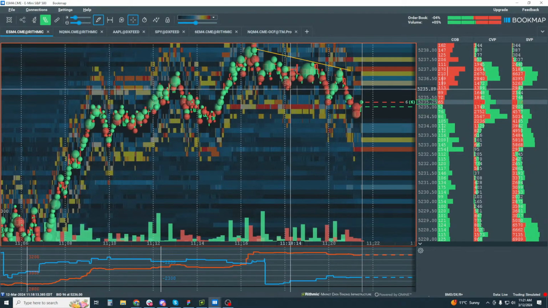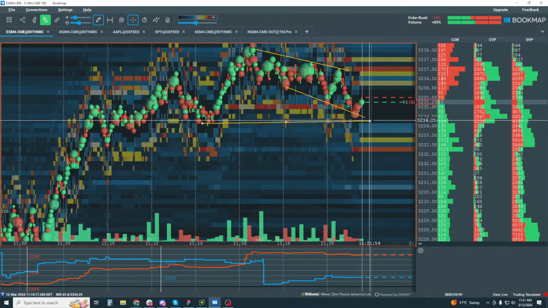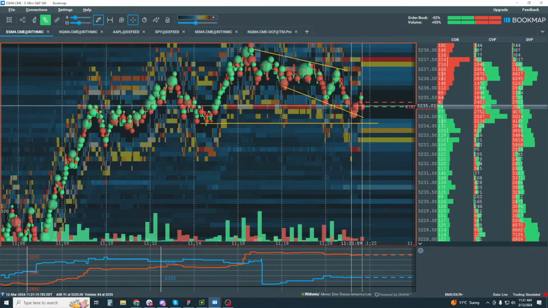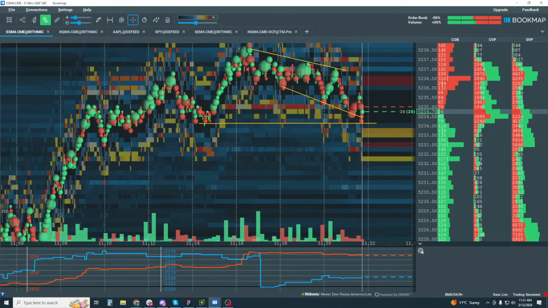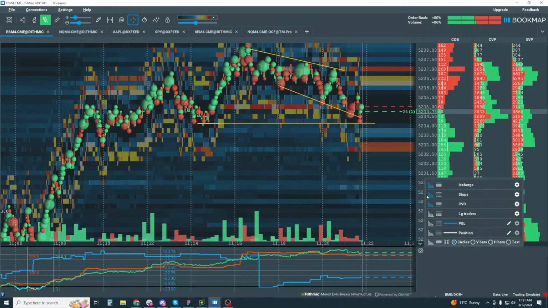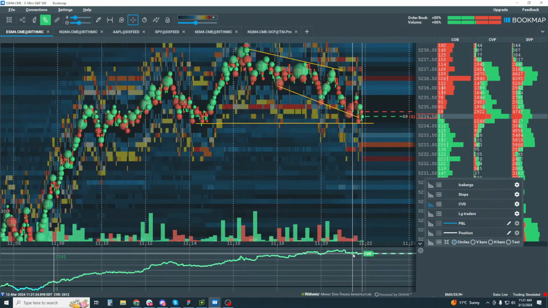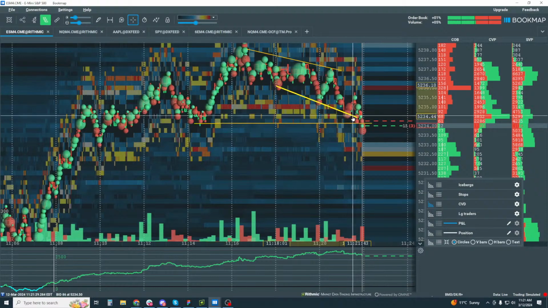Okay, this is where, you know, you CVD guys who love your CVD or whatever it is, some sort of indicators, you can get some additional insight in here. Okay, so we can look at our CVD here, and we're still seeing more buyers than sellers in here, right? However, sellers are starting to take this away.